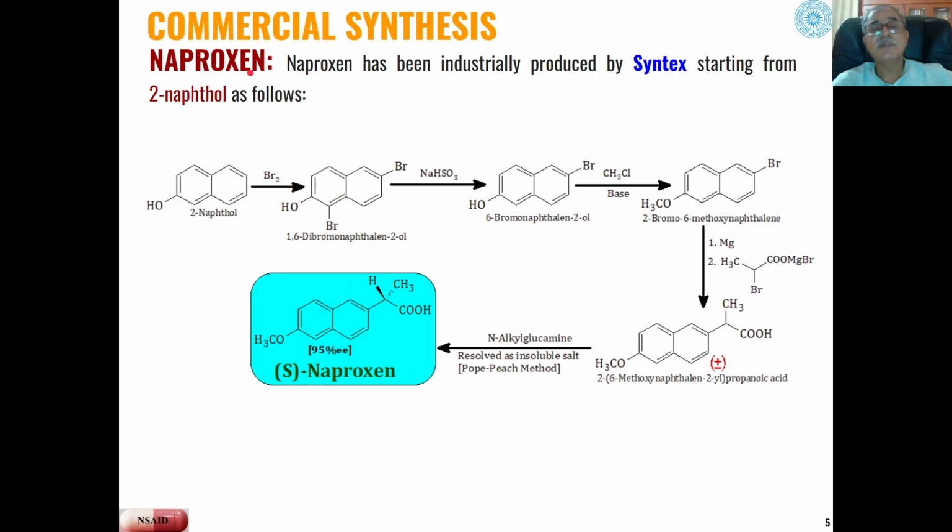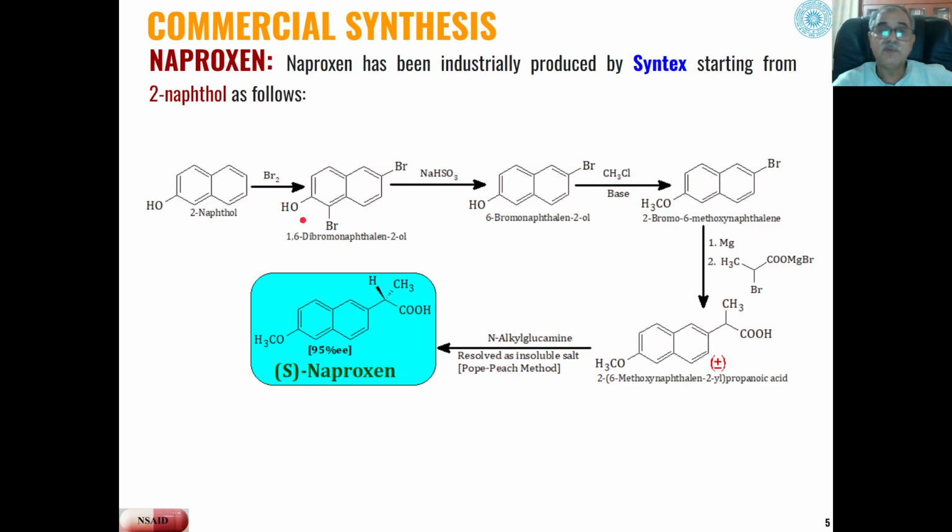Then the next NSAID is naproxen. Naproxen is also a commonly used non-steroidal anti-inflammatory agent, and it has been industrially produced by the company Syntex, starting from the starting material 2-naphthol. In the first step, bromination of this 2-naphthol takes place, so we get 1,6-dibromonaphthalen-2-ol as the product.